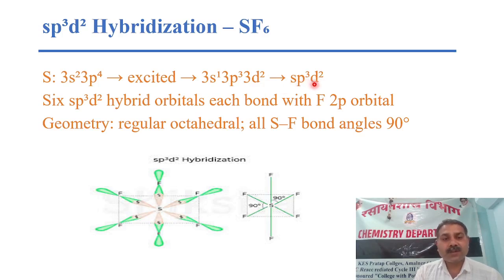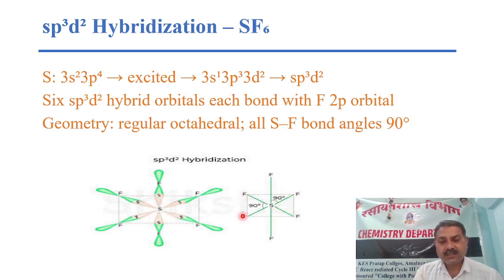These 6 hybrid orbitals are directed toward the 6 corners as per the octahedral geometry. 6 sp3d2 hybrid orbitals each bond with fluorine 2p orbitals. So the geometry of this molecule is regular octahedral with all SF bond angles 90 degrees.